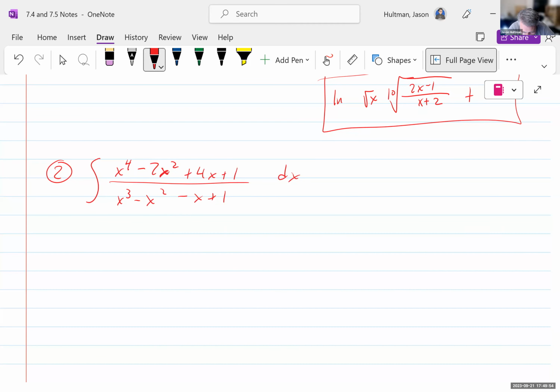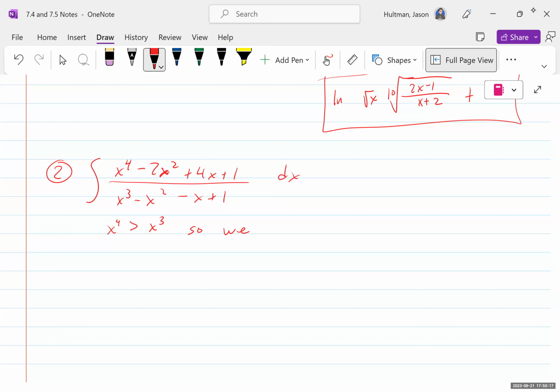Now we can't immediately go to partial fractions on this, and the reason is because the power in the numerator is larger than the power in the denominator. So x to the 4th is greater than x to the 3rd. So does anybody know what we have to do?